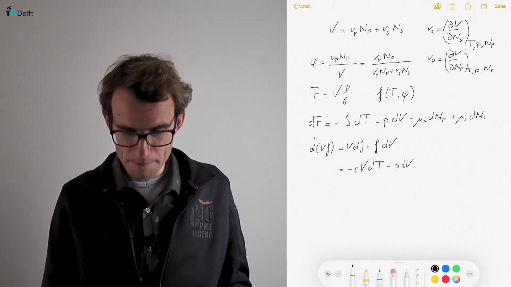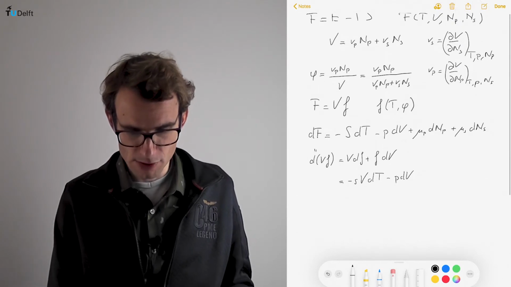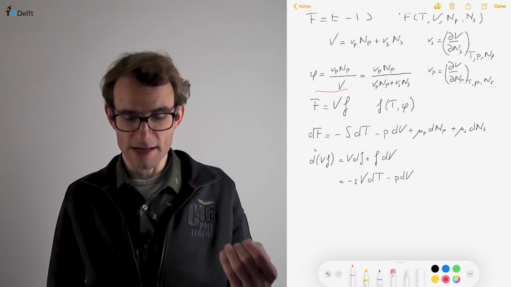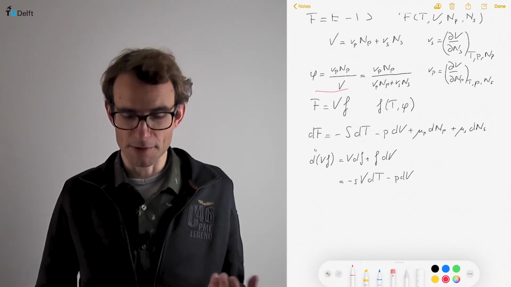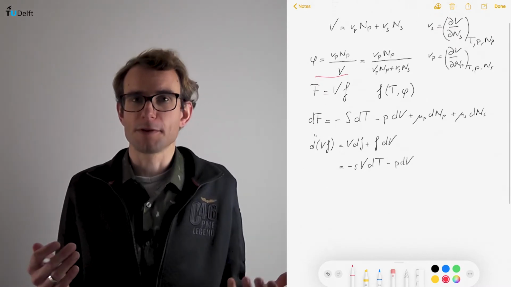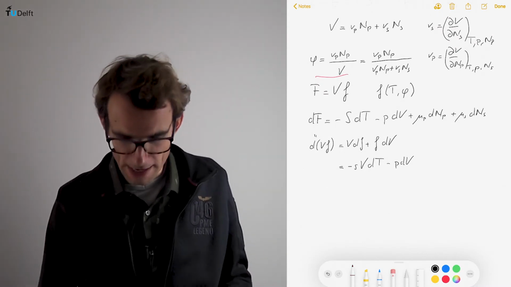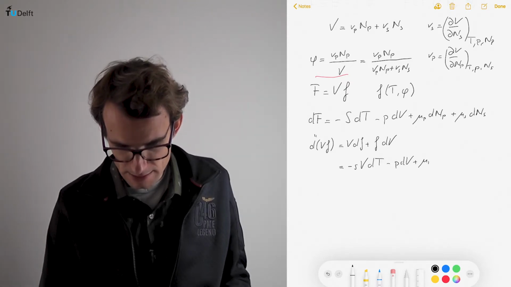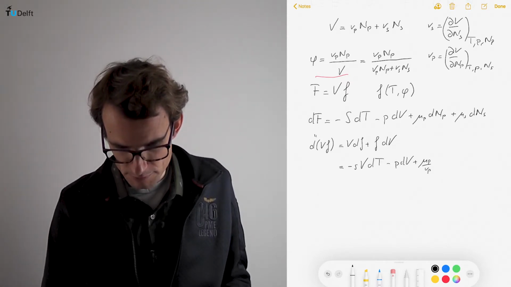To be precise, the N_p I already have from the equation up here. N_p is phi times V divided by the specific volume of a particle. The specific volume is a constant, so I can pull that out of the differential. So I have mu_p over v_p d(phi V).